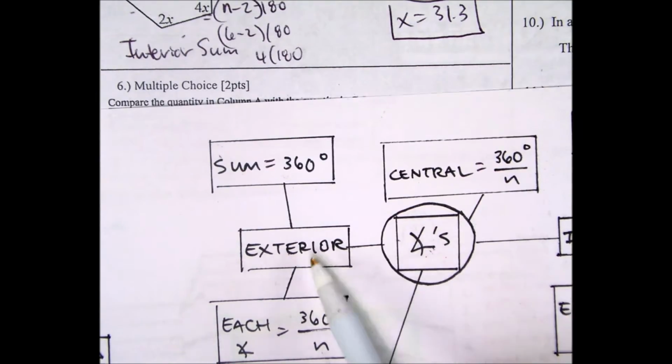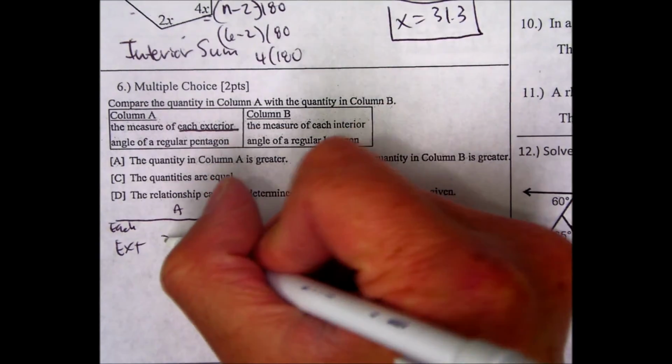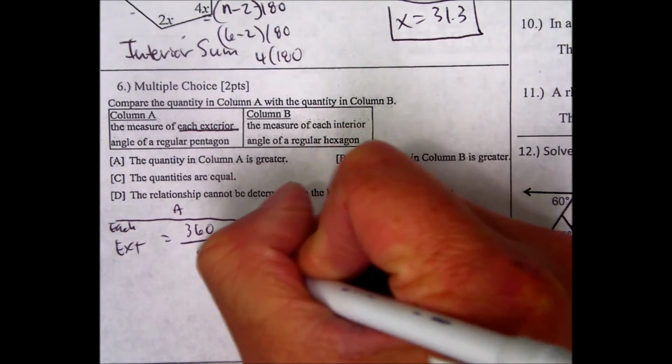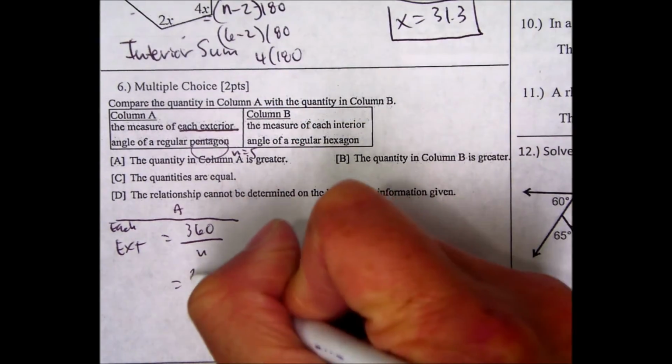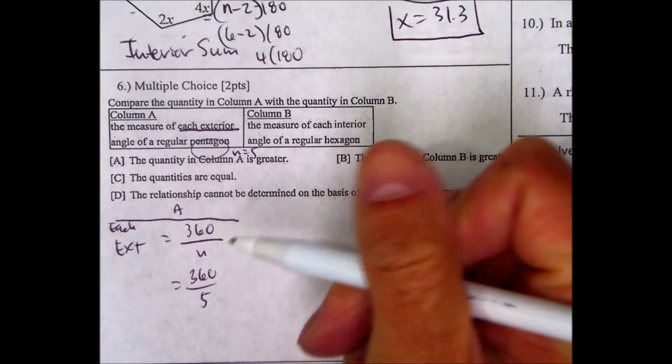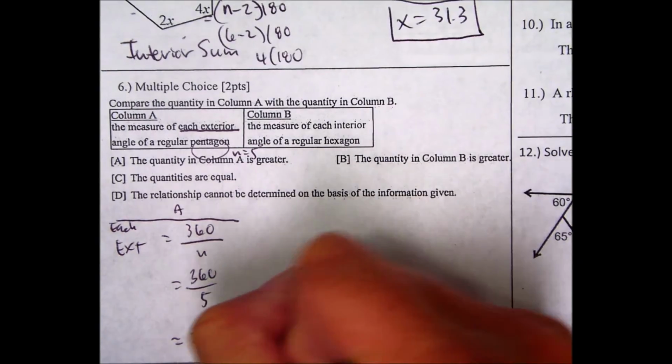I have angles, exterior, each: 360 divided by n. And it's a pentagon, so n is equal to 5. 360 divided by 5, put that in my calculator. And I get 72.